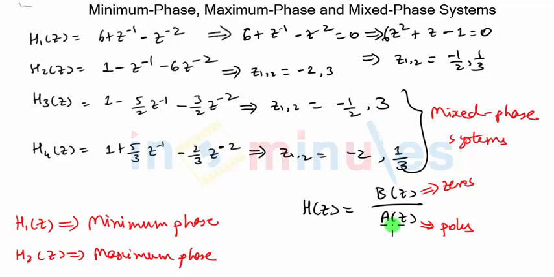So an IIR system is called minimum phase if all its poles and zeros are inside the unit circle. Please remember that poles must be inside the unit circle, only then the system is stable. And when we categorize a system into minimum, maximum and mixed phase, the first assumption has to be that the system is stable.